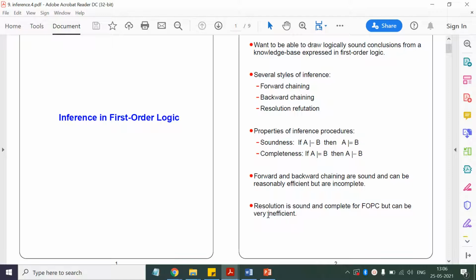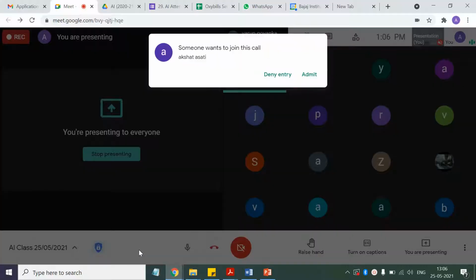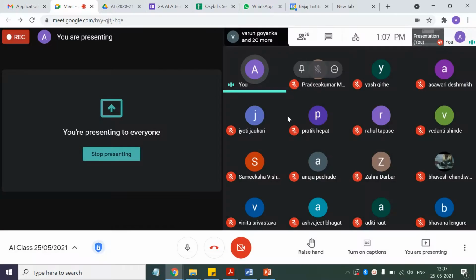Okay, why is it very inefficient? If you can recall the resolution technique from propositional logic, there you have to decide which two facts to utilize, and then we have to decide which inference rule to apply, right? So it is like an NP hard problem. Because if you have 10 facts, you have to do permutation and combination, and then you have to decide which rule to apply.